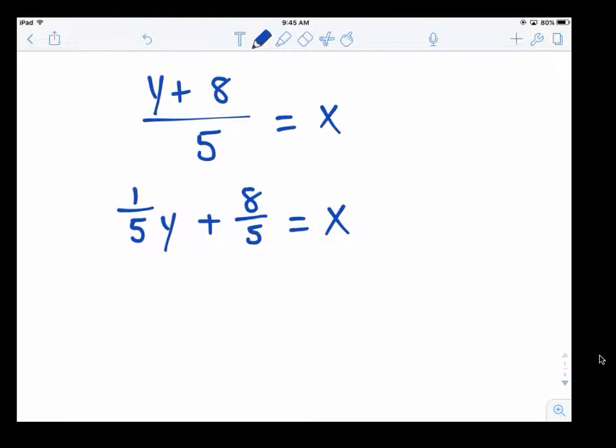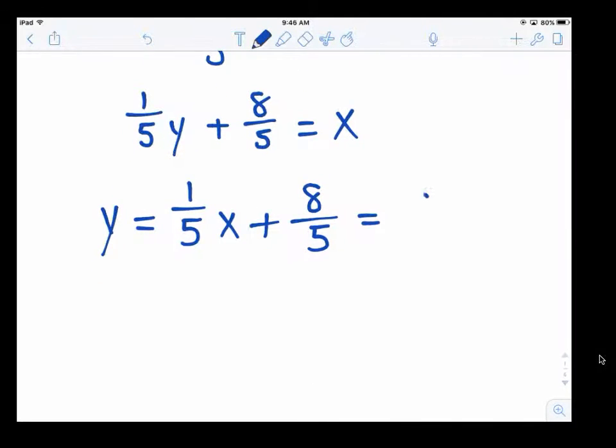Now you just switch them back. So you have slope-intercept, 1/5 x plus 8 over 5. You should get the same answer. All right, so that would be your inverse.